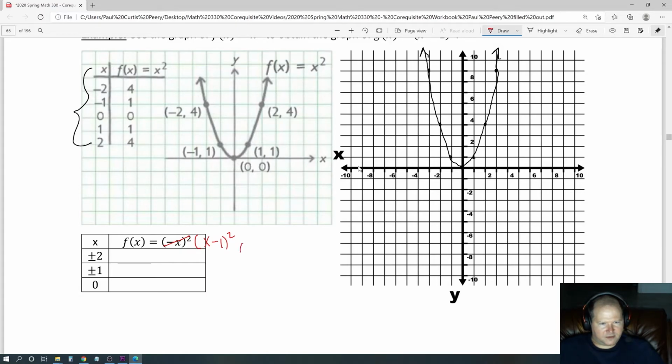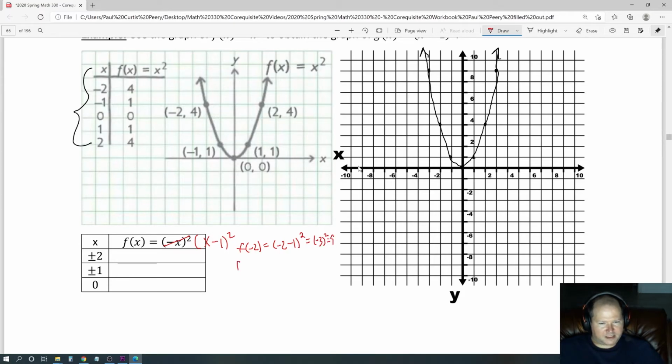If I say f of -2, that would give me (-2 minus 1) squared. -2 minus 1 is -3, so -3 squared is positive 9.